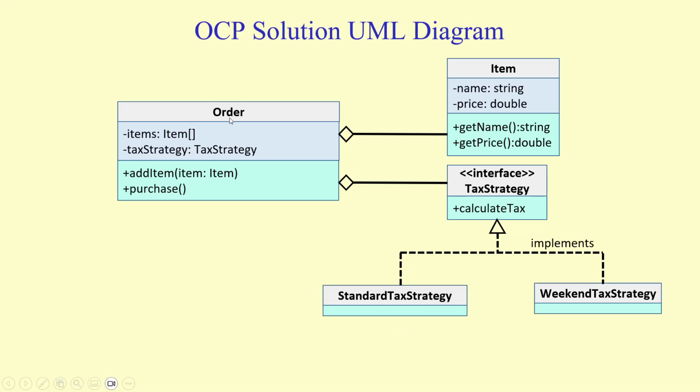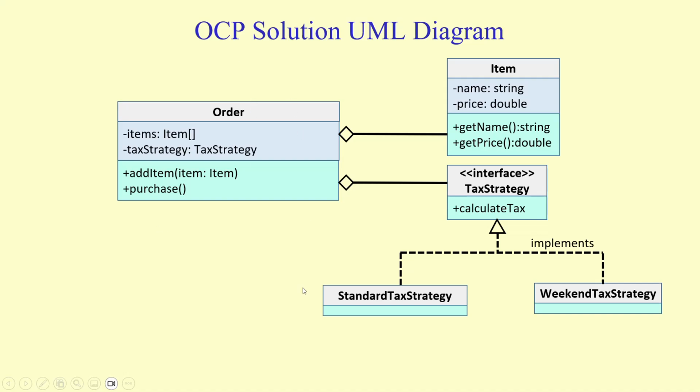When we finalize the order, when we call purchase, we are going to make sure that this order uses one of these concrete tax computation strategies. We're going to inject that as a dependency into the order class and have the purchase method use that to compute the necessary tax. So in this case, the order will be implemented only once.